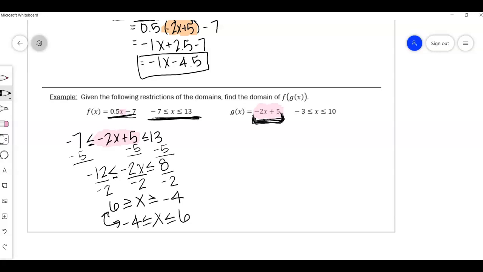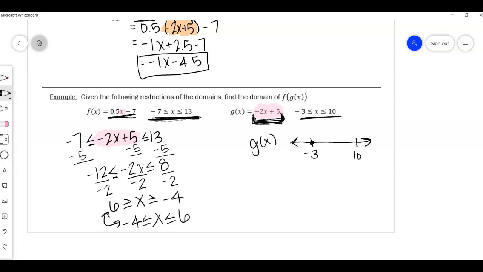Basically what it's saying is our x values that we can plug into g need to be between negative 4 and 6. And as long as we only plug numbers between negative 4 and 6 into g, I'll get numbers between negative 7 and 13 back out. The one thing to keep in mind is that g had its own restrictions. And g of x only wanted numbers between negative 3 and 10.